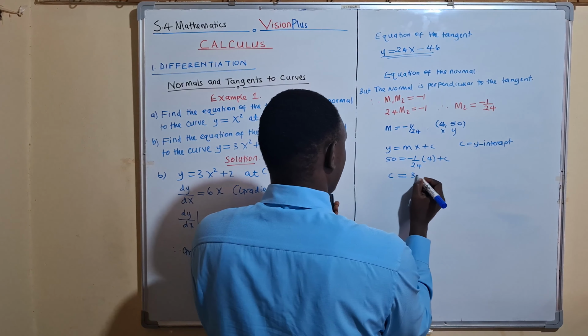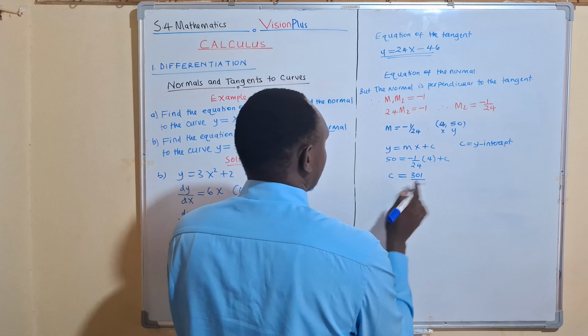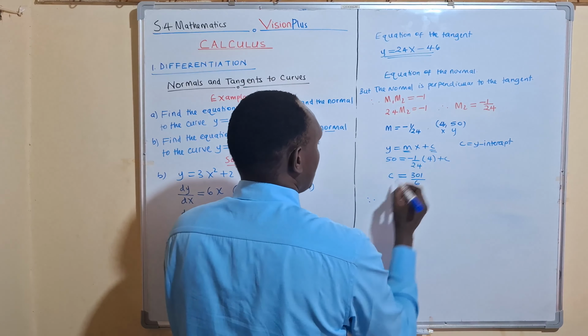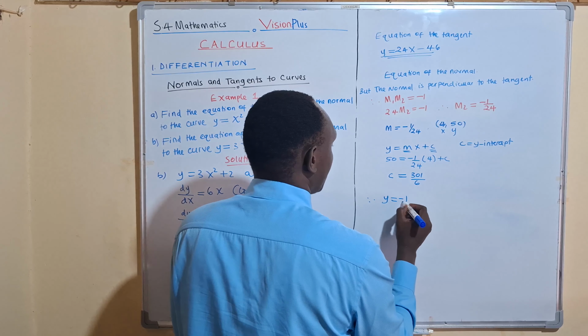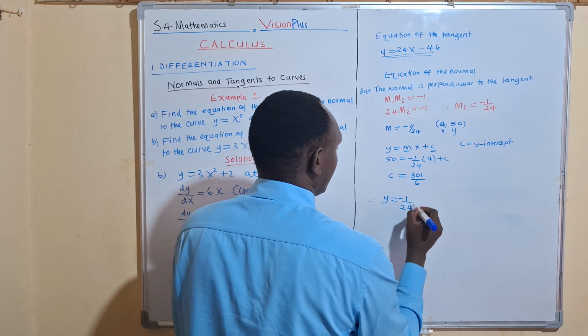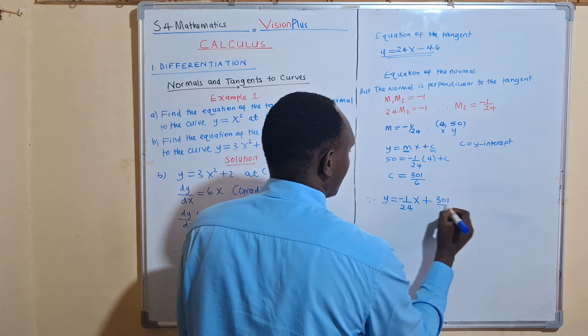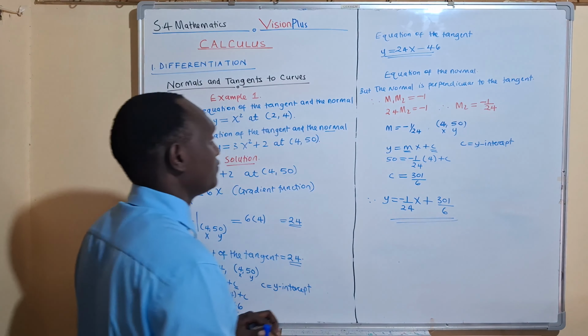I'm getting c as 301 over 6. That is the y-intercept. Therefore, now the equation becomes, substitute for m and c only. That means y equals m, which is -1 over 24, x plus c, 301 over 6. So this is the equation of the normal.